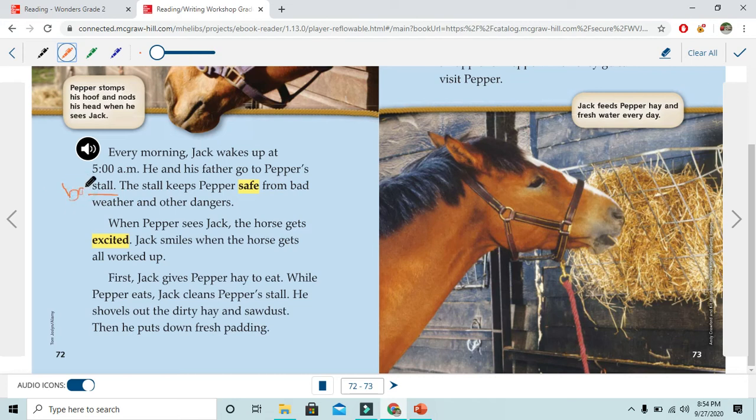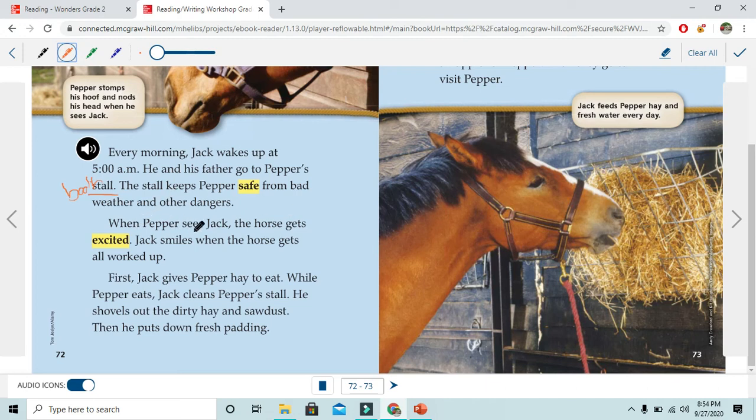Or it's a place where the horses can sleep and stay safe. The stall keeps Pepper safe. So why do they put Pepper in the stall? Because the stall keeps Pepper safe from bad weather and other dangers. Okay.